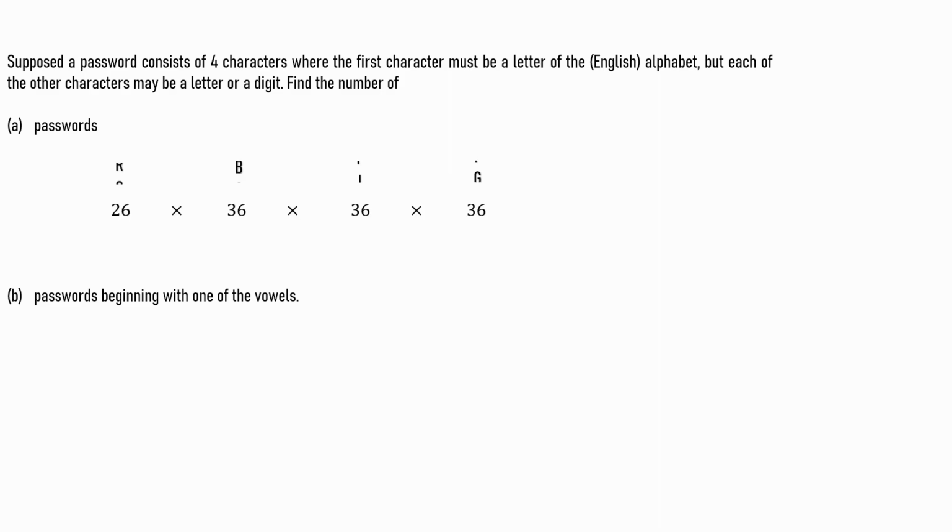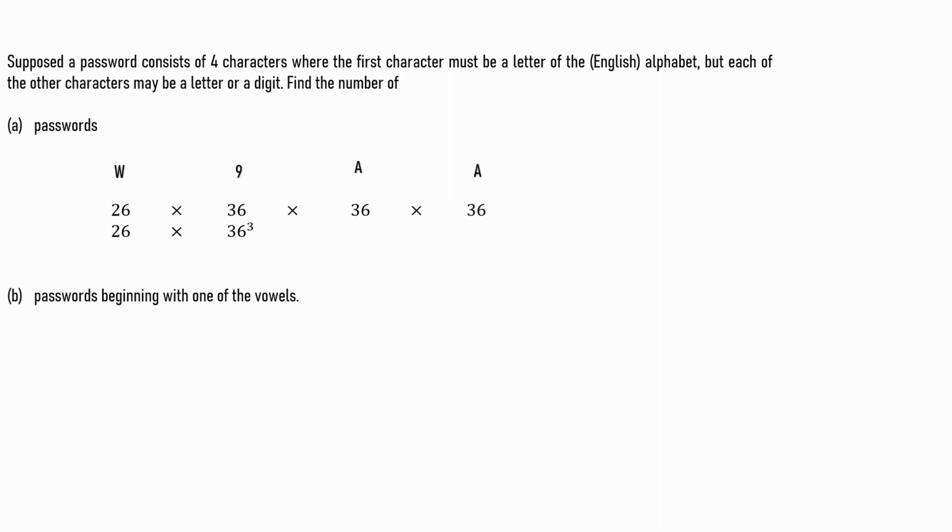So therefore, yun sa una, dahil nga A to Z, meron kang 26 options or 26 characters na pwedeng pagpilian. So gagawin doon, pag-multiply ulit sila ng lahat ng mga options. Tapos sa pangalawa, 36. And then pangatlo, pang-4, 36 din lahat.